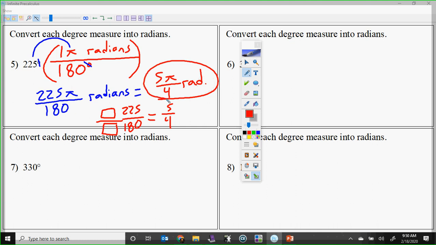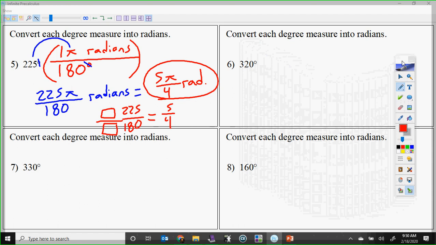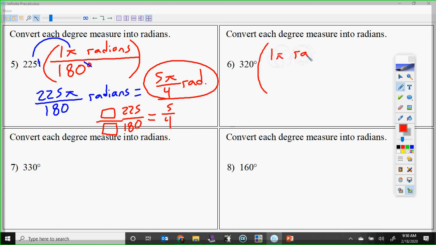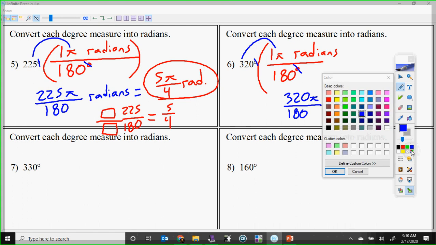Okay. We'll do one more like that. I'll try number 6, 320. Okay. So again, multiply by 1 pi radians over 180. The degrees cancel out. 320 times 1 pi is 320 pi over 180 radians. Maybe you like to do these by hand.